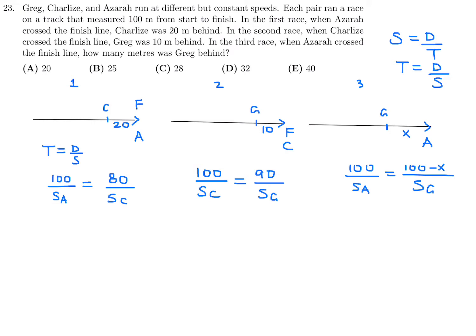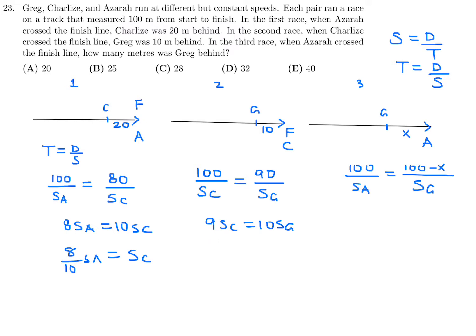So from the first one, I get 8 SA is equal to 10 SC, right? I just divided through by 10. And then from the next one, I get 9 SC is equal to 10 SG, correct? So I can plug this one into this one. I'll isolate for SC, and I get 8 over 10 SA, and then put that here.